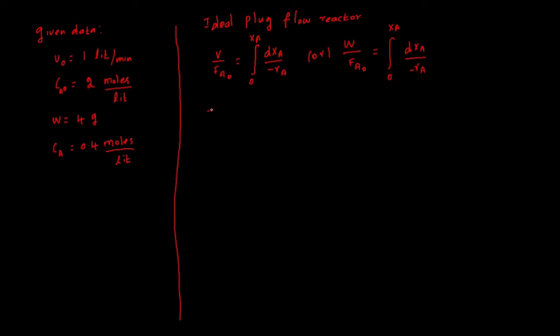When the rate equation, that is minus Ra, is expressed in terms of moles of A disappearing per liter per minute, we can use this equation.